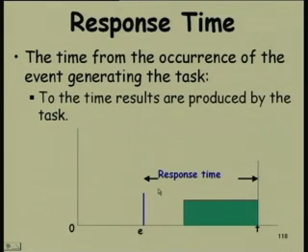And response time we had discussed, this is also a terminology in traditional operating systems. The time the task is released to the time the task completes and produces a result, that is the response time.